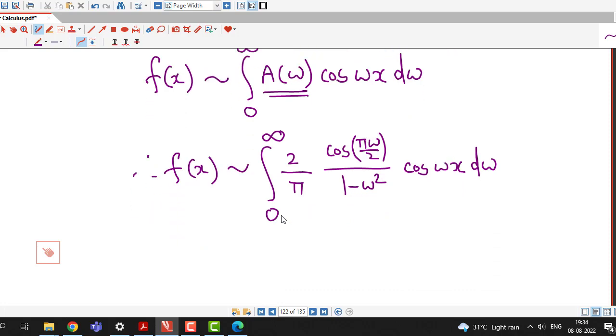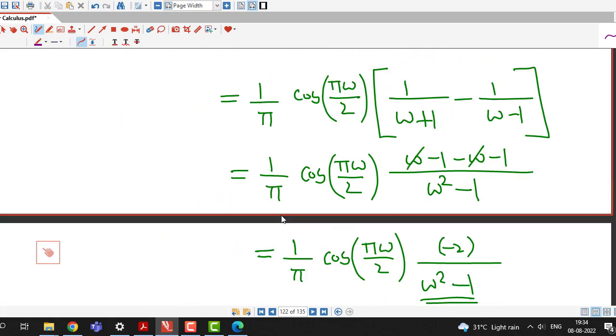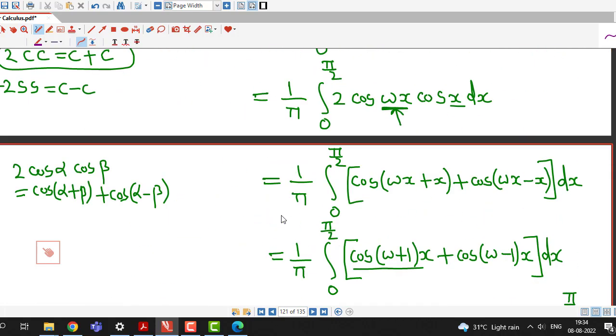Okay, fine. So this is the Fourier integral of the given function f x, which was an even function.